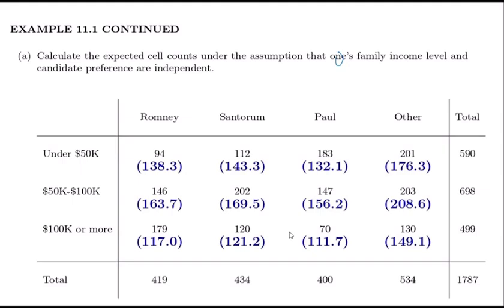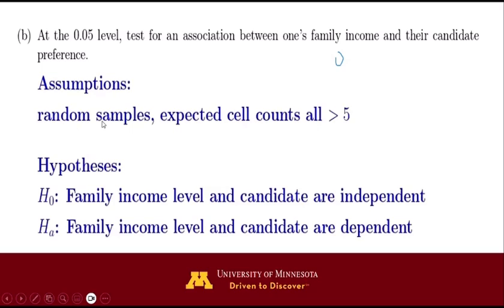Because they are all greater than 5, we can celebrate and say the assumption holds. That is the only way we can investigate whether the assumption holds. Don't forget, we've got two assumptions: random samples, and the expected cell counts all have to be greater than 5, which is what we have already investigated.